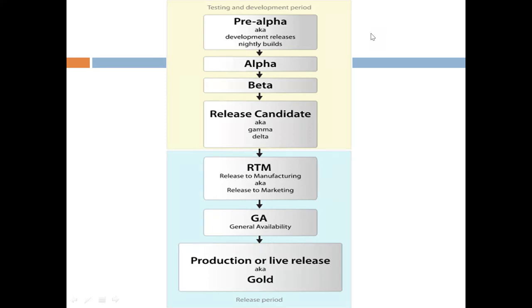After beta, RC, RTM, and GA. So this is the release sequence. Now React is in beta currently, after 18. After beta, RC will come. After RC, RTM. After RTM, GA. Once it is GA, that means it is ready to use.